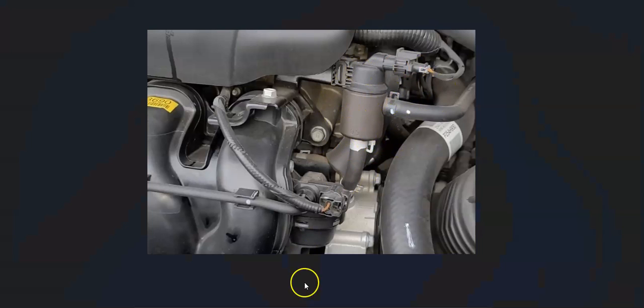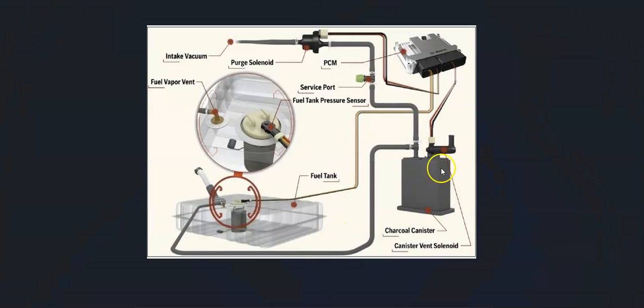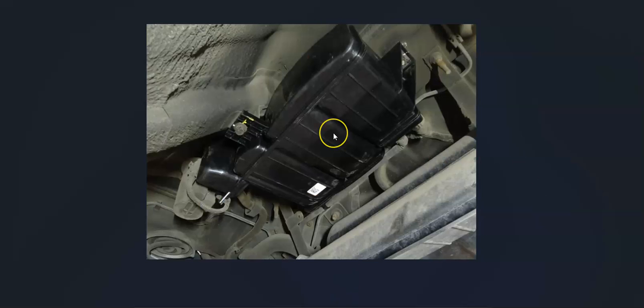And so if the purge valve all looks good and everything like that, then the next thing to do is to go check out the charcoal canister and the vent valve. This is going to be located up and underneath the vehicle by the gas tank somewhere. It can vary on its exact location by the gas tank, but it'll be up and underneath there. And it'll also have a vent valve. Usually it's a part of the charcoal canister, but it can be separate sometimes, so be aware of that.